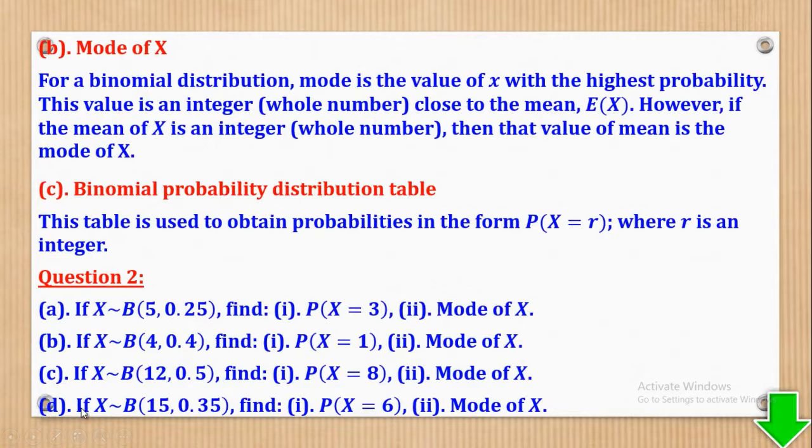So part D says that if x is a binomial distribution with n equal to 15 and p equal to 0.35, find Roman 1 the probability of x equal to 6 and Roman 2 the mod of x. So here you must realize that n is 15 and p is 0.35 and r is 6.